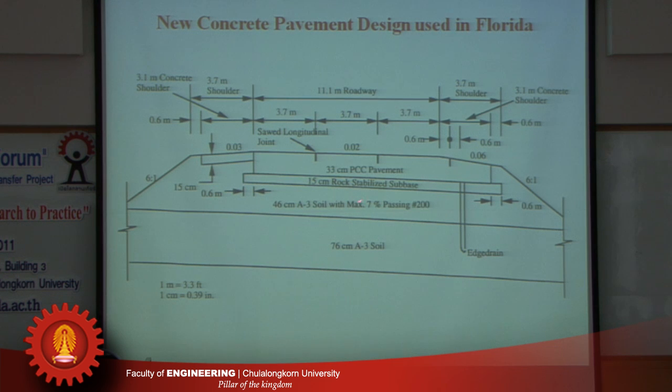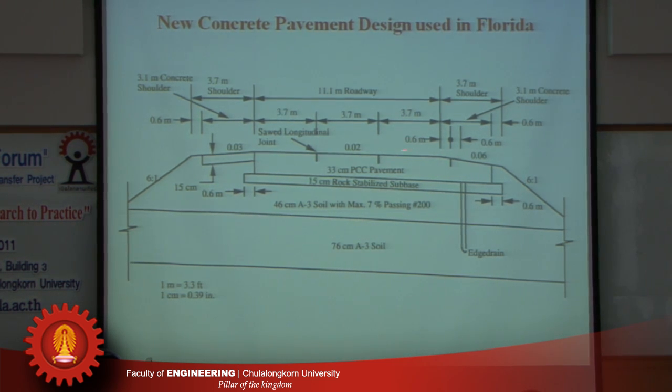So if all we have is this soil, it's impossible to put the concrete paver on top of it. So usually you would stabilize it with rock and compact it before the concrete paver could be put on top of it. This is not for reducing the concrete thickness, but this is put down so that the concrete could be properly placed.